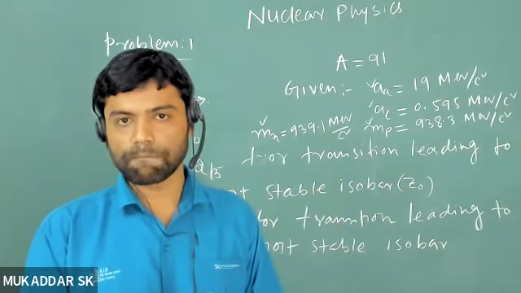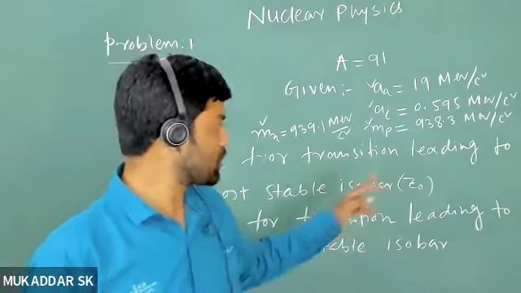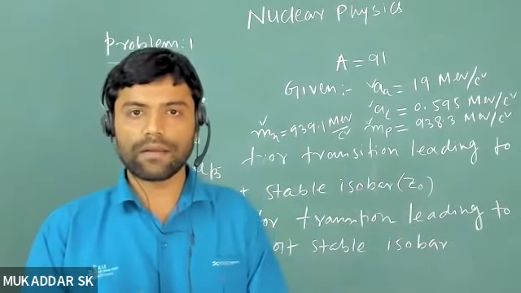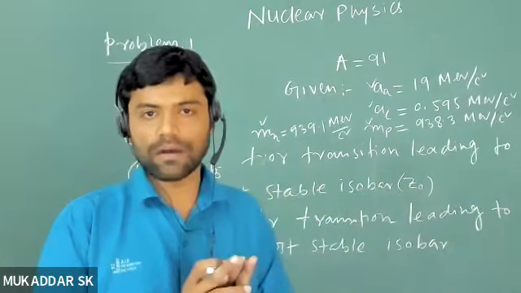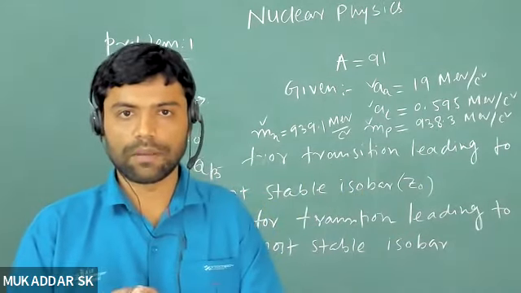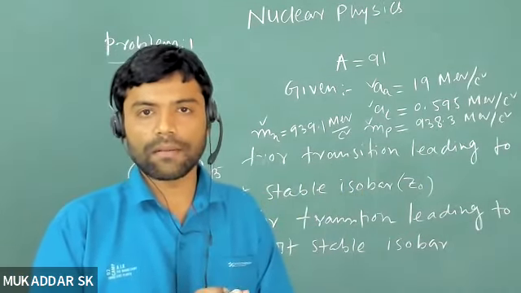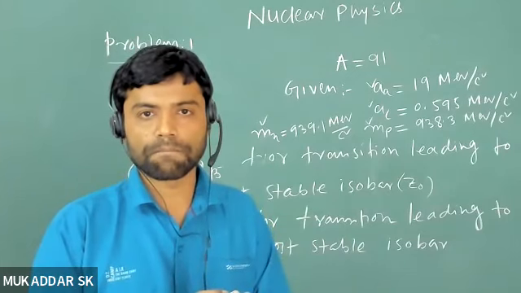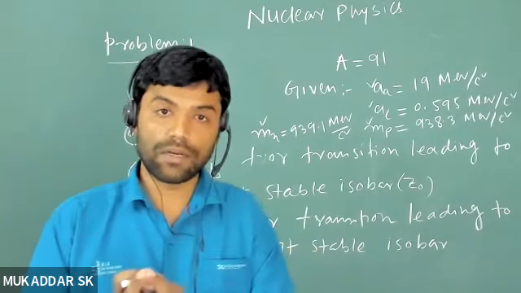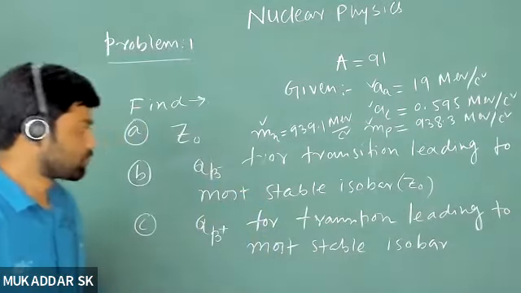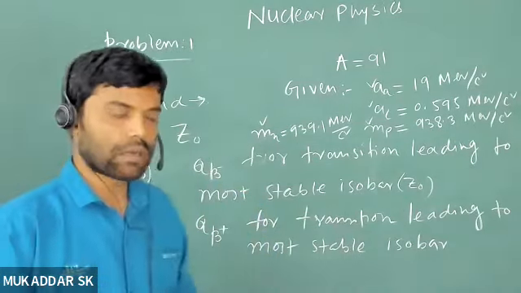Leading to the most stable configuration means the parent nucleus has atomic number Z0 plus 1. Because you know what happens in beta minus decay? Sorry, for beta minus the daughter will be Z0, so the parent is Z0 minus 1.